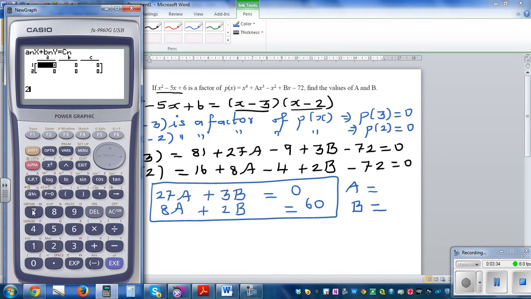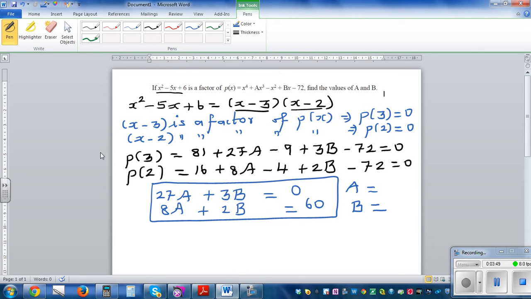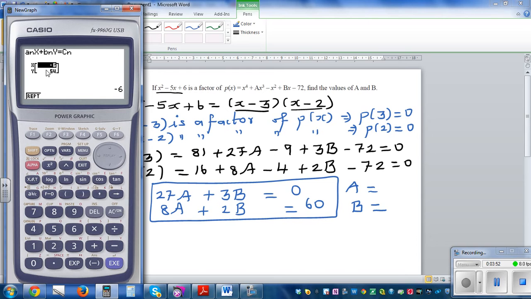So I'll put 27, 3, and 0. And for the second it is 8, 2, and 60. And solve for, so a is minus 6 and b is 54.